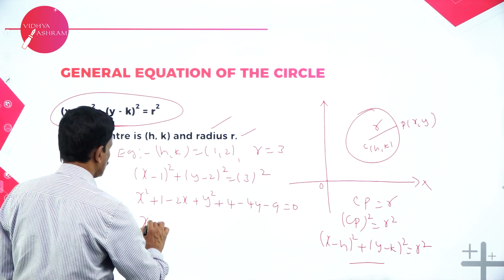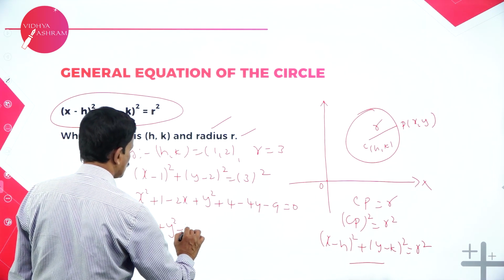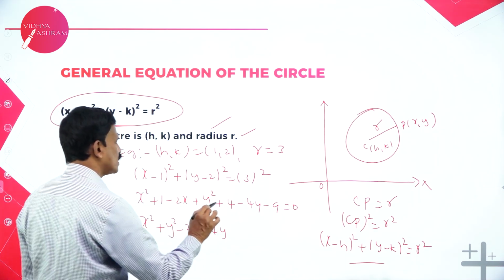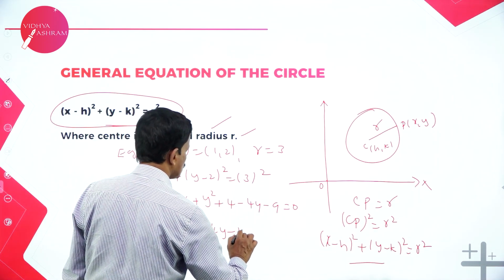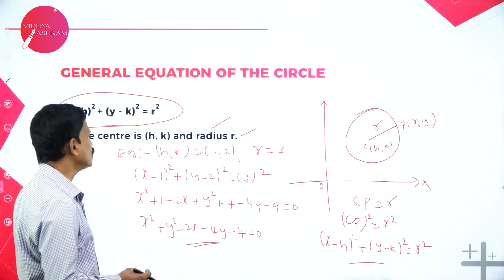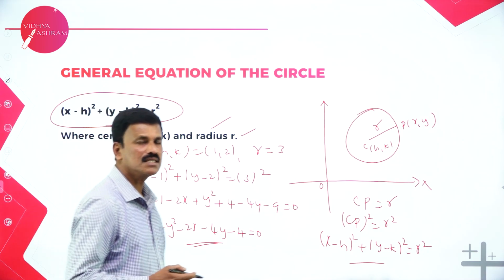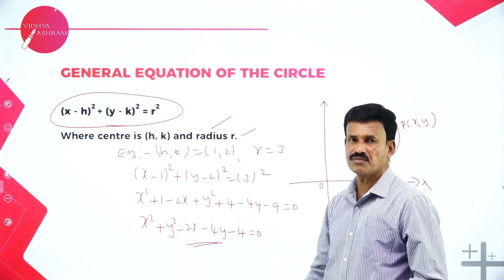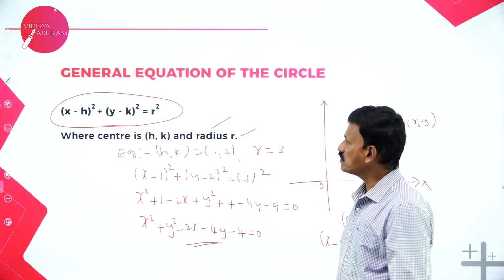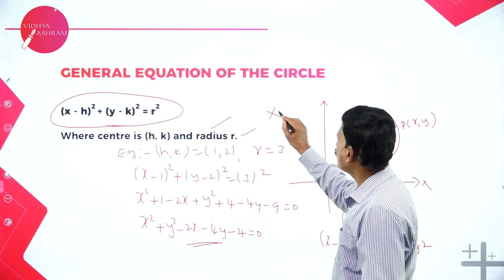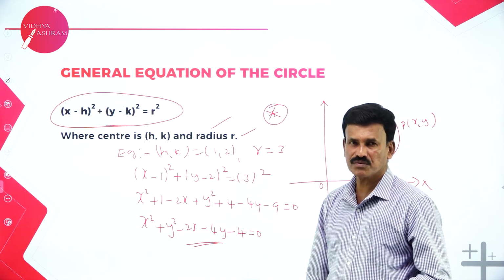Put it in order: x square plus y square minus 2x minus 4y, 4 plus 1 is 5, minus 9 is minus 4, is equal to 0, the equation of the circle. So if (h, k) is the center and r is the radius, then the equation of the circle is in the form (x minus h) whole square plus (y minus k) whole square is equal to r square. Important for 1 mark. You may expect 1 mark from this.